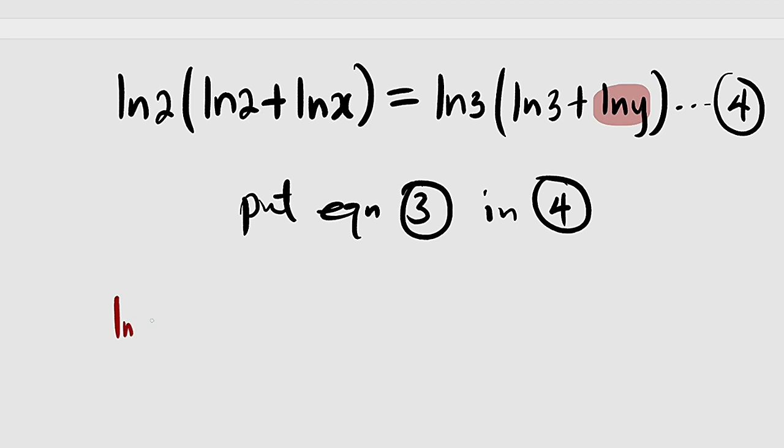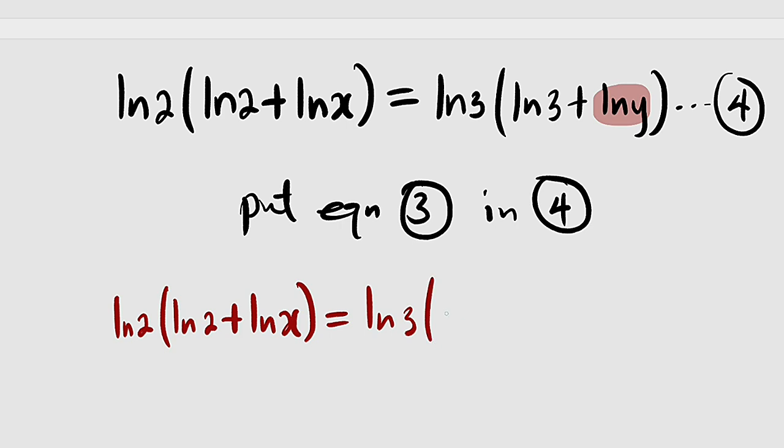So this is ln 2 multiplied by ln 2 plus ln x equal to ln 3 multiplied by ln 3 plus the whole of ln y, which is the same thing as ln x multiplied by ln 3 divided by ln 2, right?